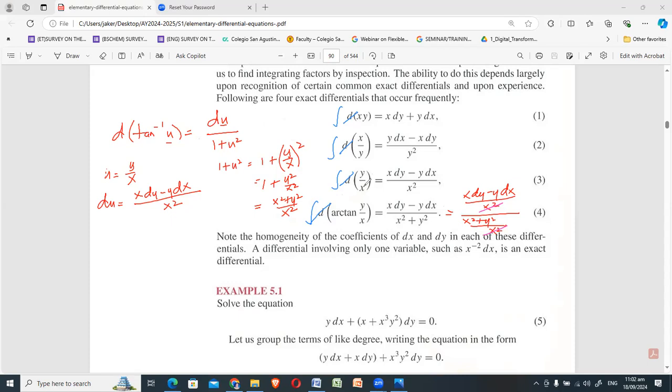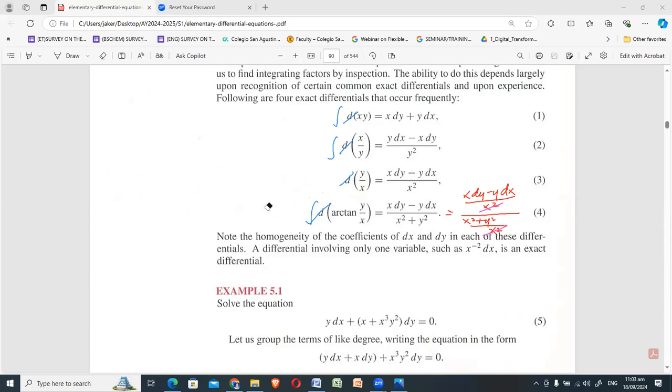If your coefficient for the differential of y has an x variable in it, it's not possible to integrate, even though you have successfully made sure that you have any of these exact differentials here. That's the reason why, if you read your book or any reference books on finding the integrating factor, the method of inspection really requires skill.